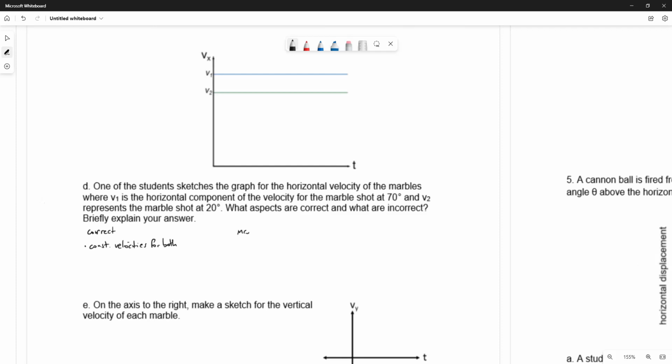What's incorrect is that because V1 is the 70-degree one, it would actually have a lower horizontal velocity. Okay, basically its horizontal velocity would be smaller than the one shot at a lower angle, right? So V1 should be less than V2. Okay. And outside of that, I don't think there's anything else worth mentioning here.